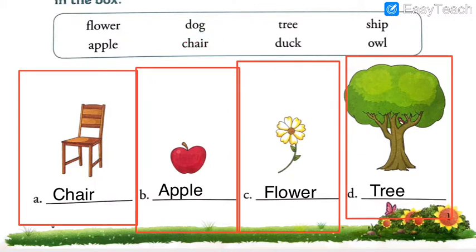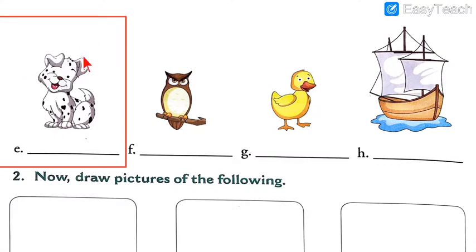So, dog. Is this a dog? Yes, this is a dog. So, we will write it down here in the blank. Dog is the correct answer. I hope you have already written this. By looking at the picture, we can easily recognize this animal is a dog.